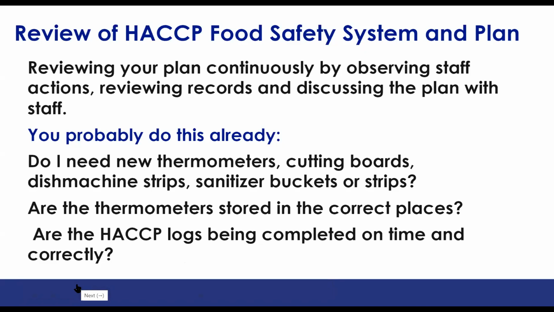Now, if you are a satellite school, which means that you're receiving food from another school, then you may not need to have the cooking temperature SOPs, or think about what you need for doing the prep work.